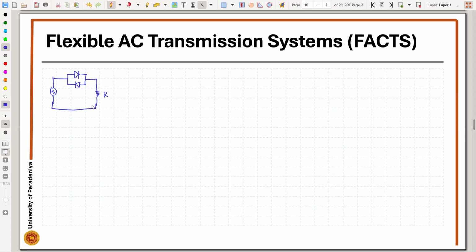you have a resistor here. So now in this case, our output voltage is going to be the same as the input voltage, and the current is going to be the same. This is Is, this is V out, and this is our I out.